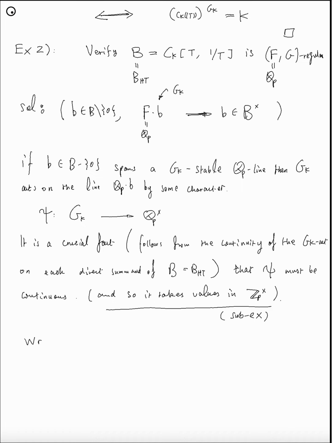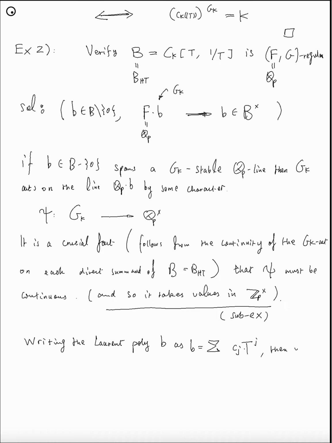Now we're writing the log polynomial small b as of the form Cj times t to the power j.